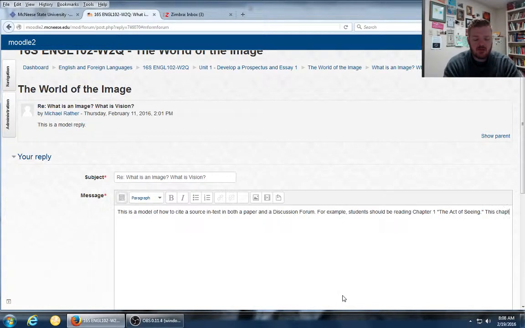For example, students should be reading chapter 1, the act of seeing. This chapter includes individual essays. These essays are the jumping off points for serious inquiry toward developing the prospectus / essay 1.